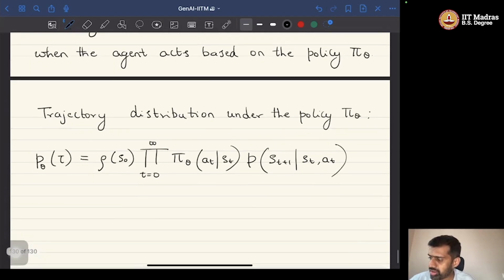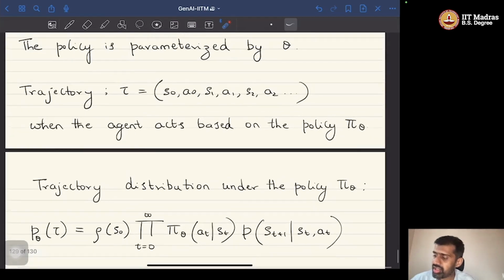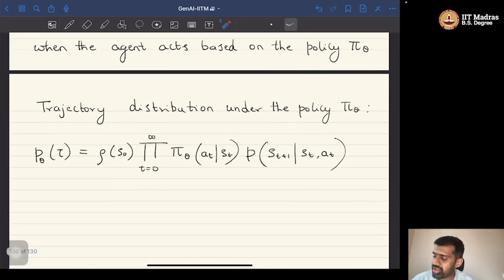So what we have done is that we have written the distribution of a given trajectory tau under the policy pi theta. So recall that a trajectory is obtained when the agent is acting according to a particular policy. Now what is this? So the agent has started at S0.